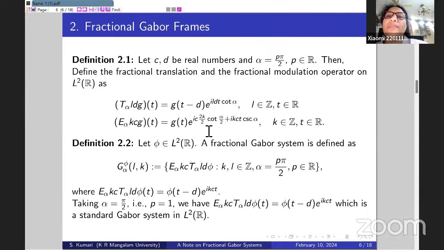When we take alpha as pi by 2, we get p equal to 1, and then E_alpha kc T_alpha ld of phi(t) is phi(t minus d) e raised to power minus iota kct, which is the standard Gabor system in L2R. Next slide, please.